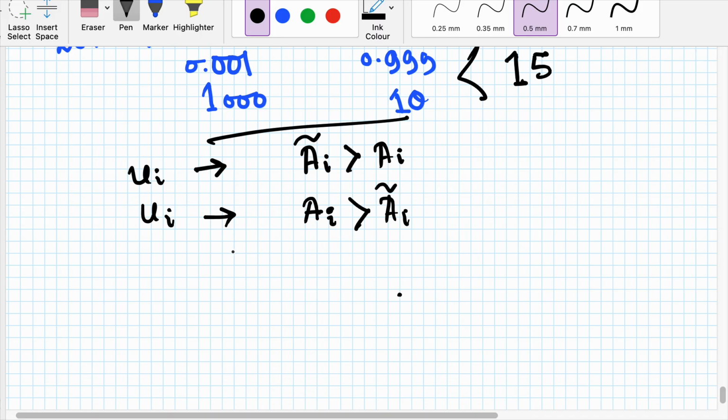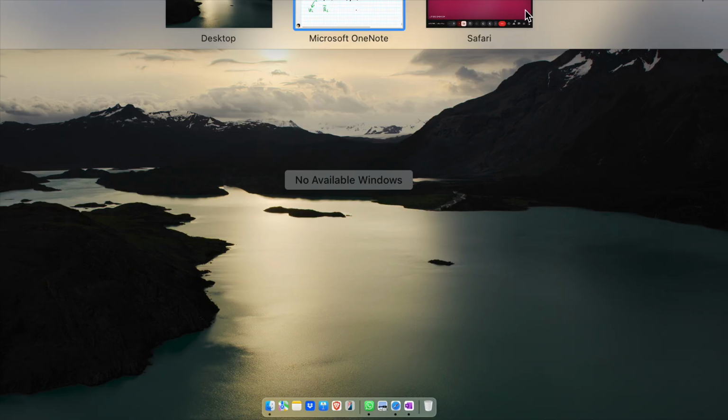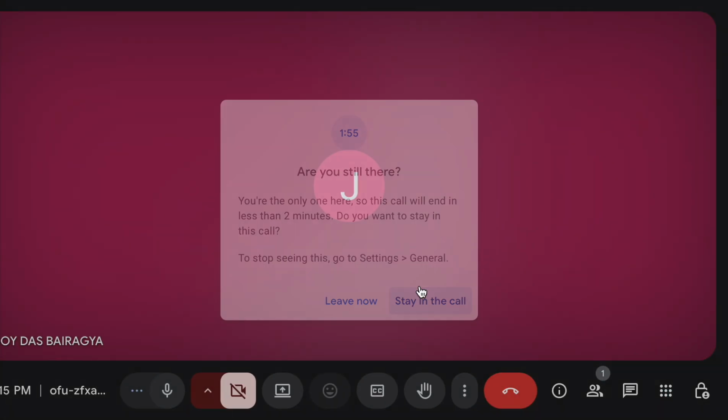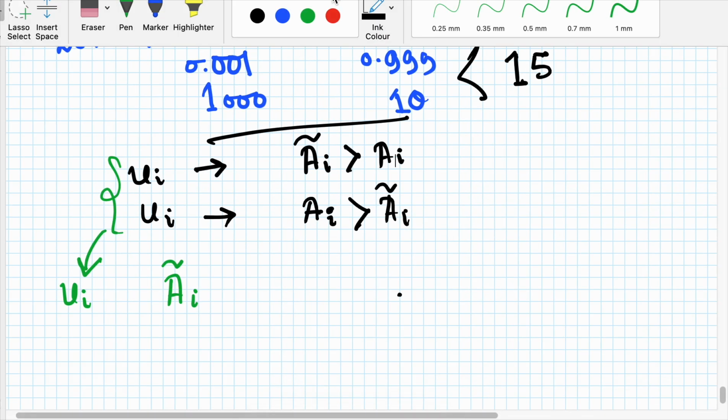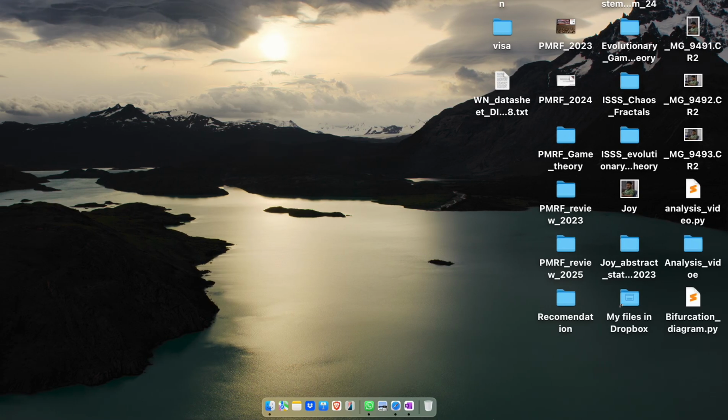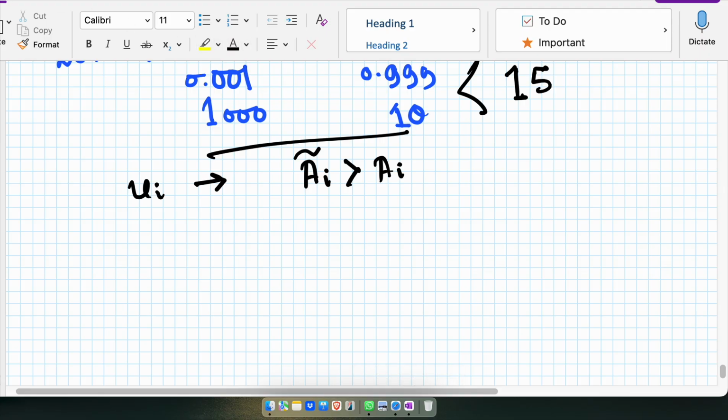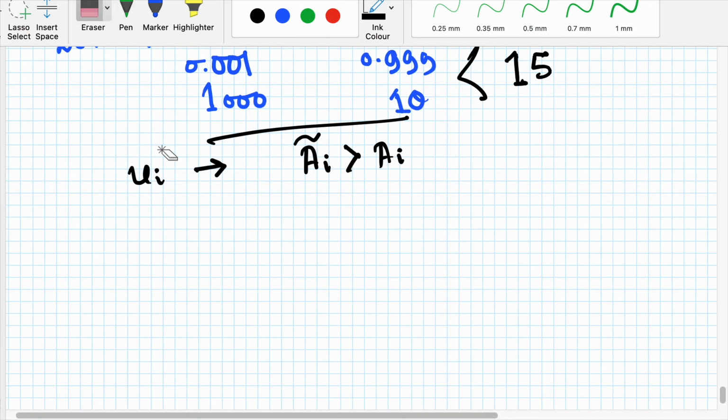Now from this experience we can certainly say there will exist some Ui. Since the preference changes in this way, let me rewrite it again.